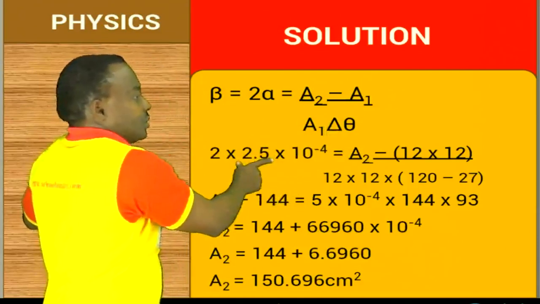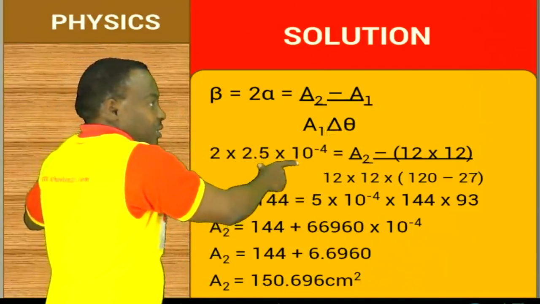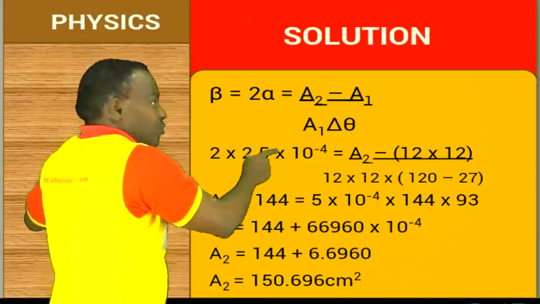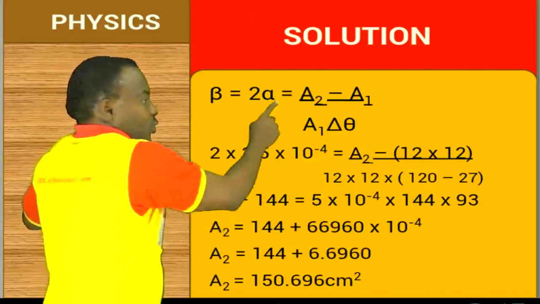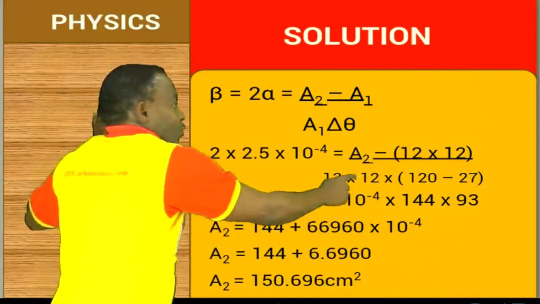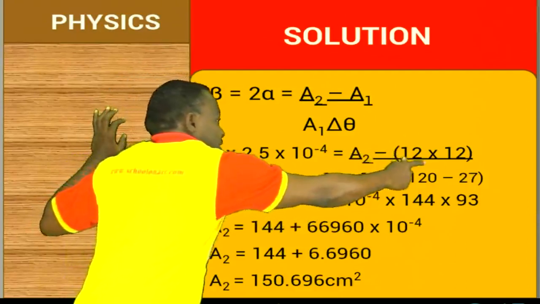We have been given in the question that the linear expansivity is 2.5 times 10 to the power minus 4. Multiply by 2, because this is alpha and this 2 is the one we have here. Equals the new area minus the initial area.